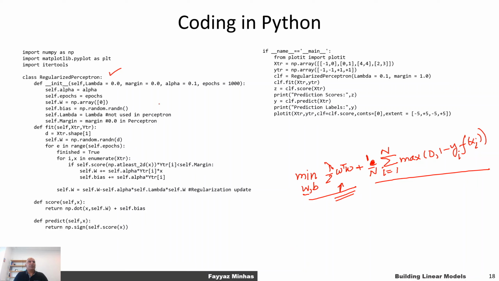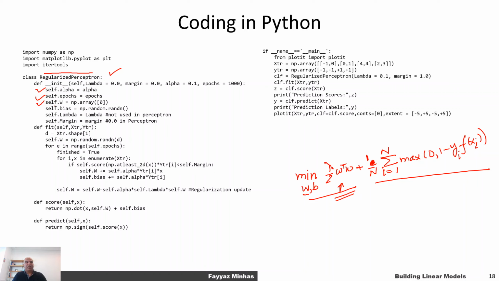To implement this equation, we call it a regularized perceptron, because that is essentially what a support vector machine is. It has a certain set of internal parameters. There's the step size of the gradient descent. How many iterations do we want over the training data set? That's called the epoch.